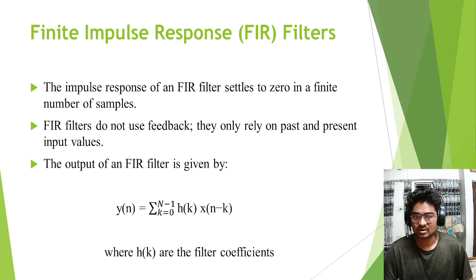I mean it relies only on past and present input values. There is no feedback. That's why it is a finite response, as there is only one sample at one time.